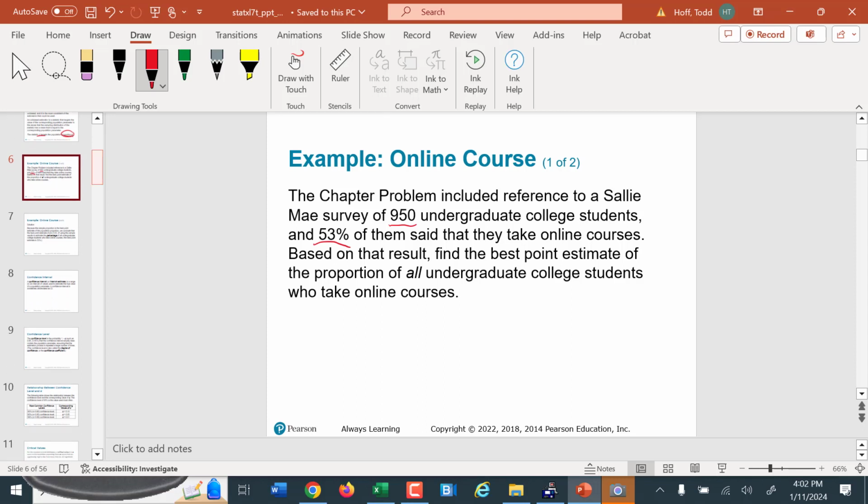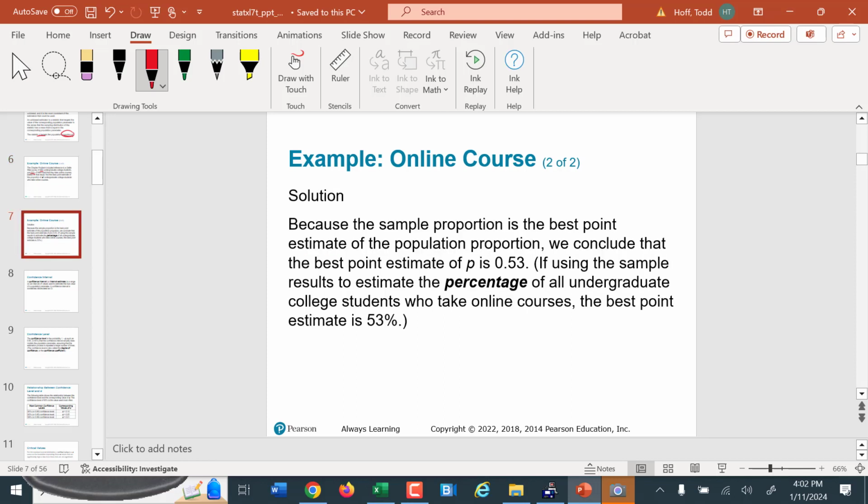It's a decent sized sample, so we're pretty reliable there. And that sample proportion is an unbiased estimate of the population proportion. So the sample proportion of 0.53, remember 53% equates to a proportion of 0.53, is saying we'd say about 53% of the whole population takes online courses.